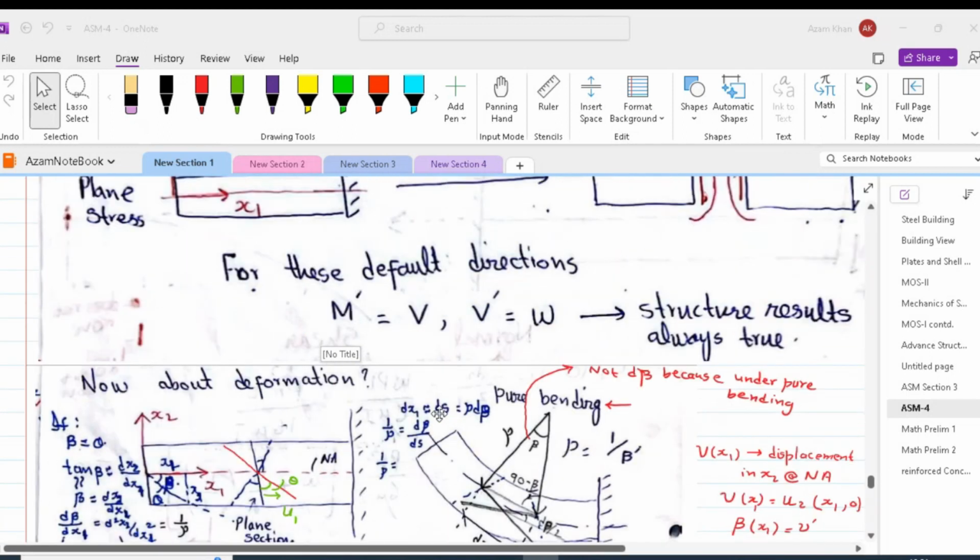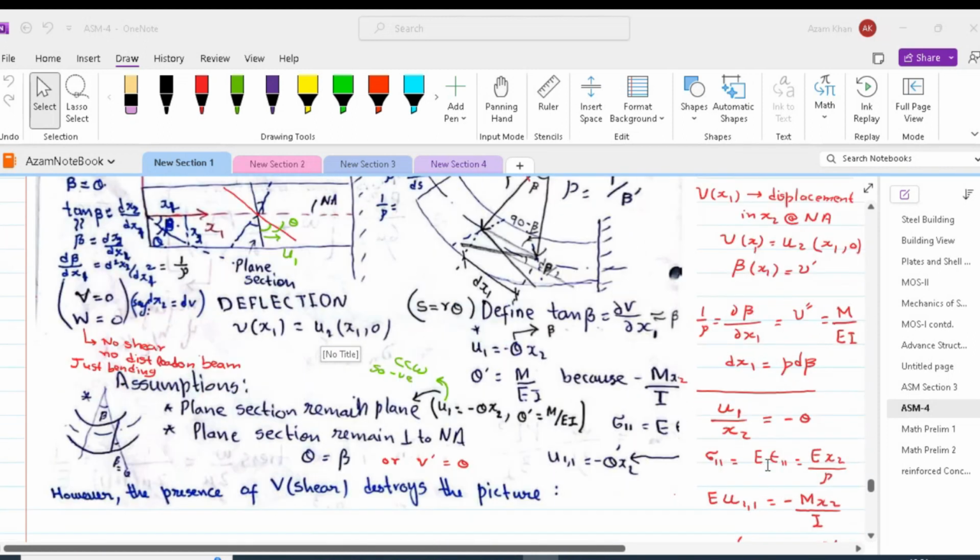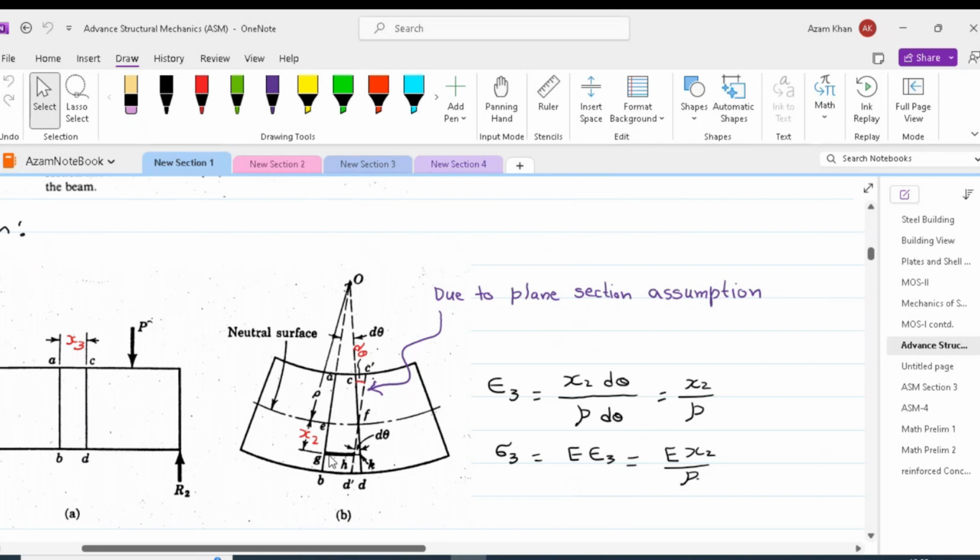Since the axial strain in the fiber in the x1 direction would be E times strain 1, and strain 1 according to our strain tensor is equal to u1,1, and also in accordance with the Euler-Bernoulli beam theory, our axial strain in the longitudinal direction is equal to E times x2 by rho.